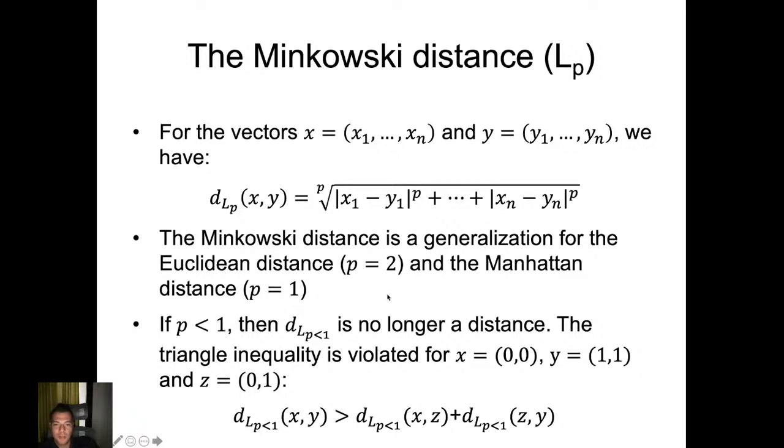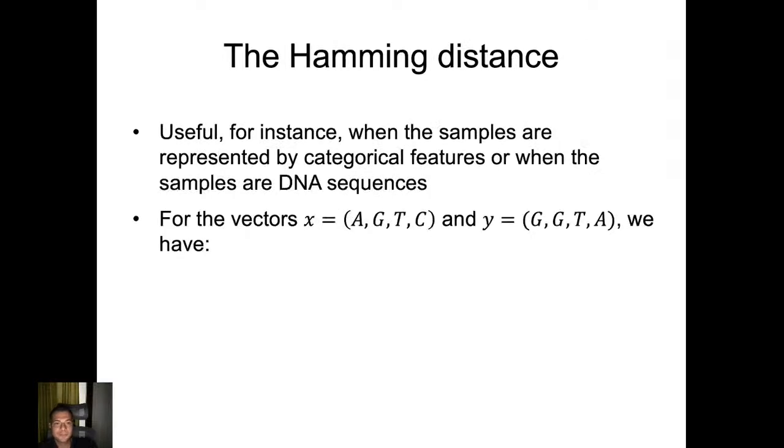One mention here is that if p is smaller than 1, then the metric is no longer a distance. This can be verified for a simple case, where it violates the triangle inequality.